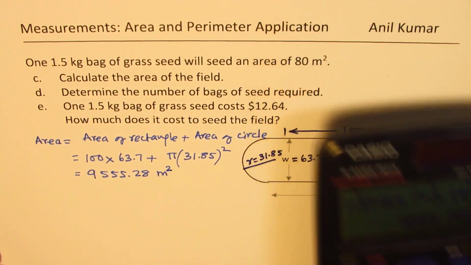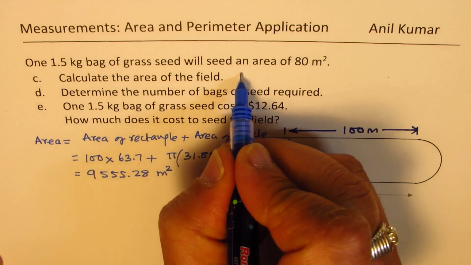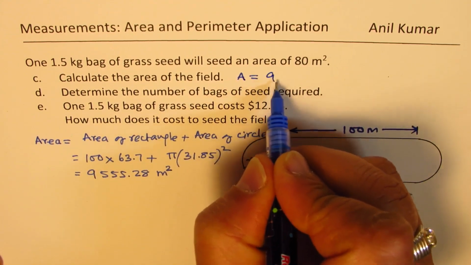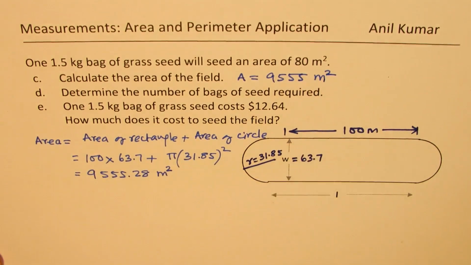So we found the area as equal to 9555 meters square, right?